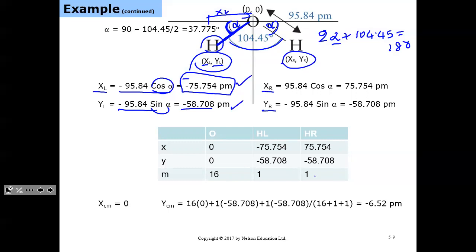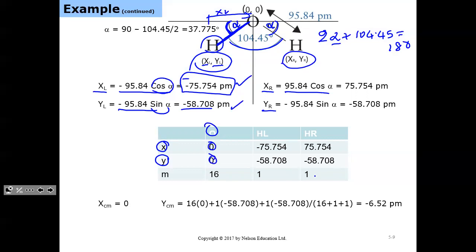What about XR and YR? Similarly, the only difference is they are positive on the right-hand side. So we know XL, YL, XR, YR. Let me draw this table and get the positions of the atoms. Oxygen atom is easy. It is 0, 0.